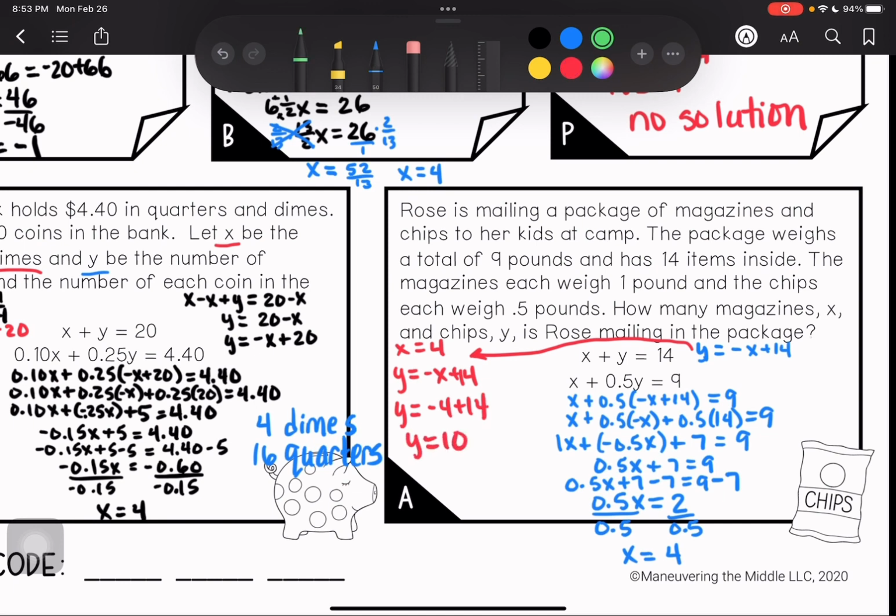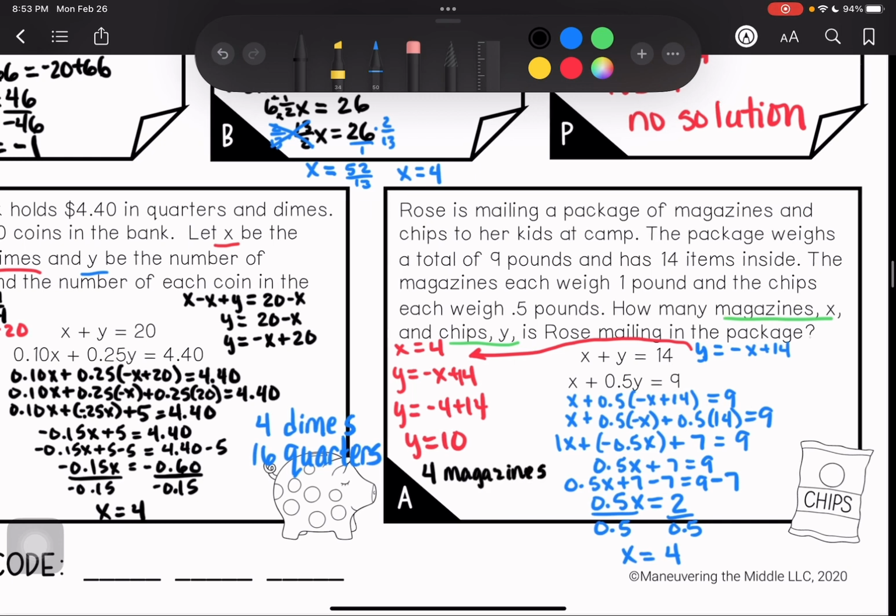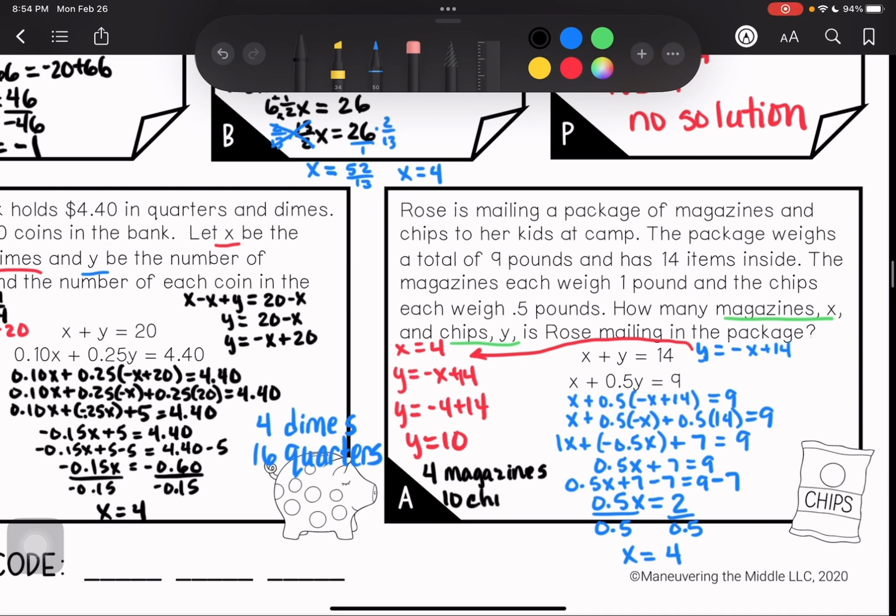So let's go back and answer the questions. You had X magazines and Y chips. So to answer the question, Rose was mailing 4 magazines and 10 chips. And again, her solution is 4, 10.